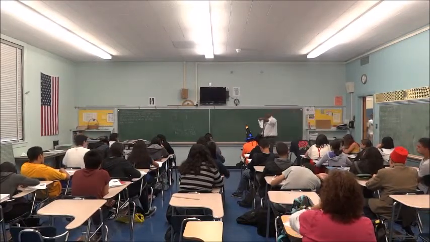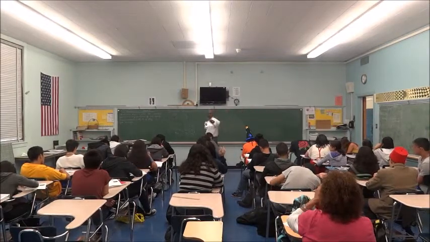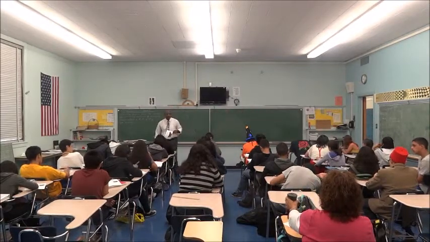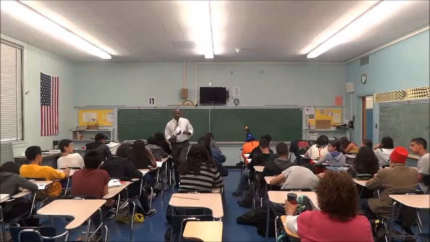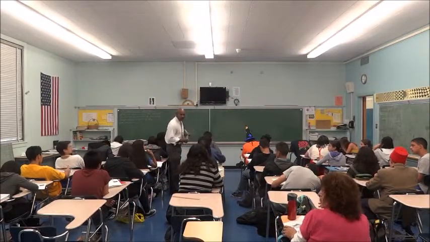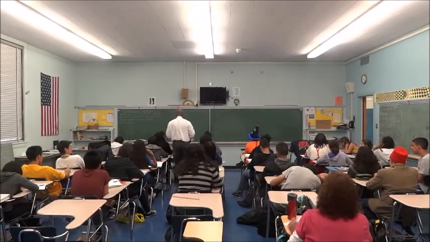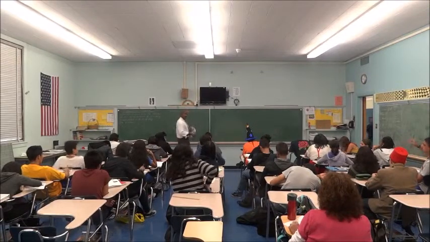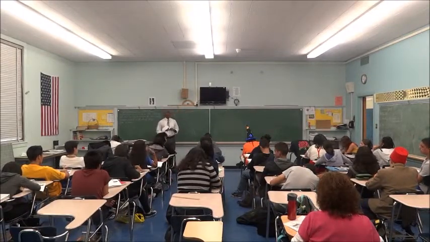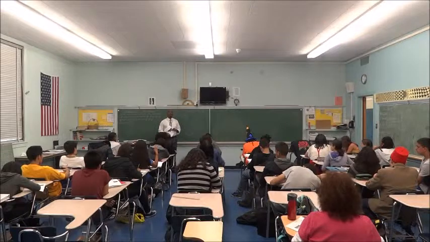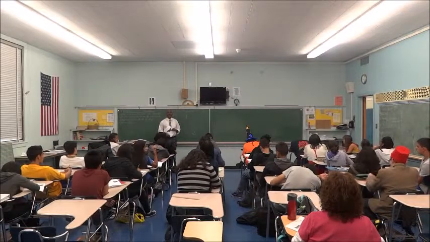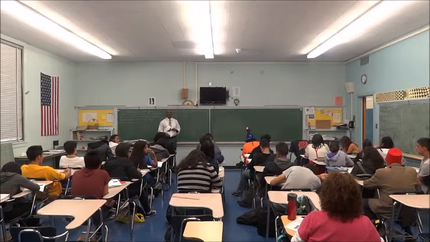I want to get on someone we haven't heard from. Anybody? Yes. I didn't hear you. The ratios are congruent. Okay, everybody got that? Congruent to what? All ratios of corresponding sides are equal.